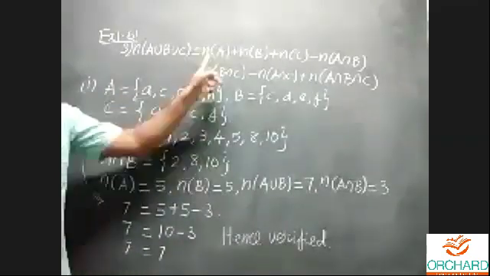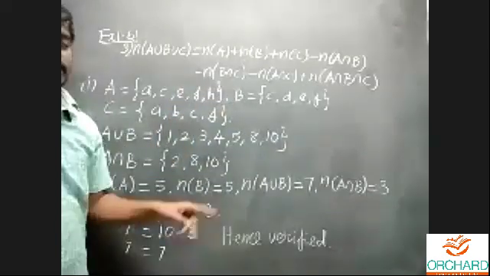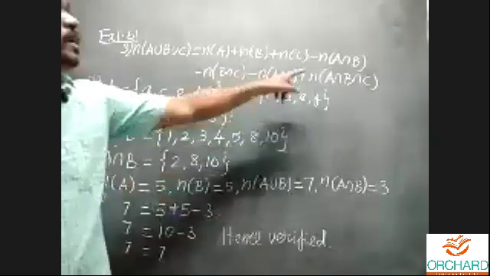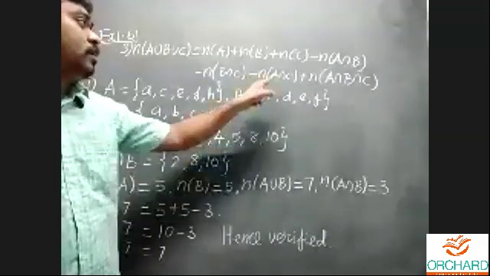Then N of A. Later we'll identify the cardinal number for each set: A intersection B, common between sets A and B; then common between sets B and C; common between sets A and C; next, common between the three sets.